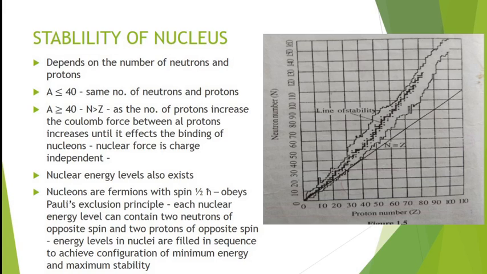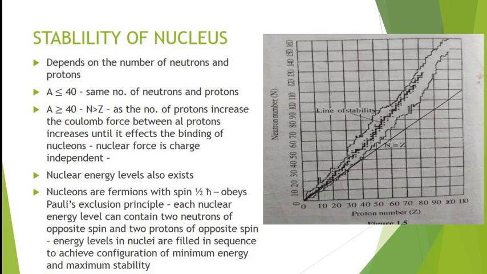We had studied the electronic configuration for filling the electrons in energy levels, isn't it? Similar to that, both neutrons and protons can have energy levels, with each energy level containing 2 protons of opposite spin and 2 neutrons of opposite spin.